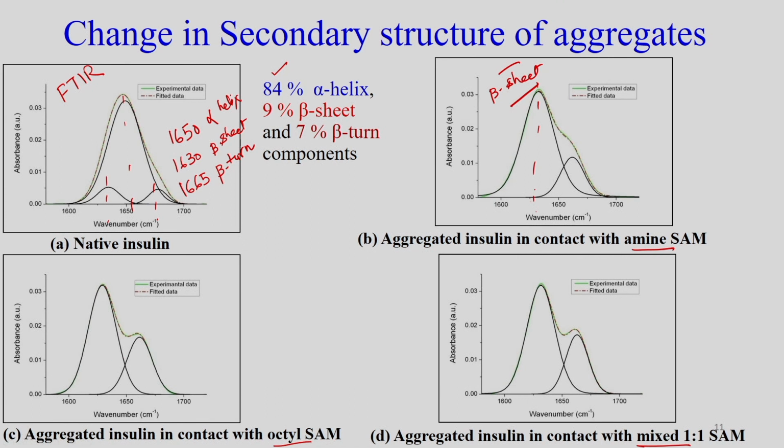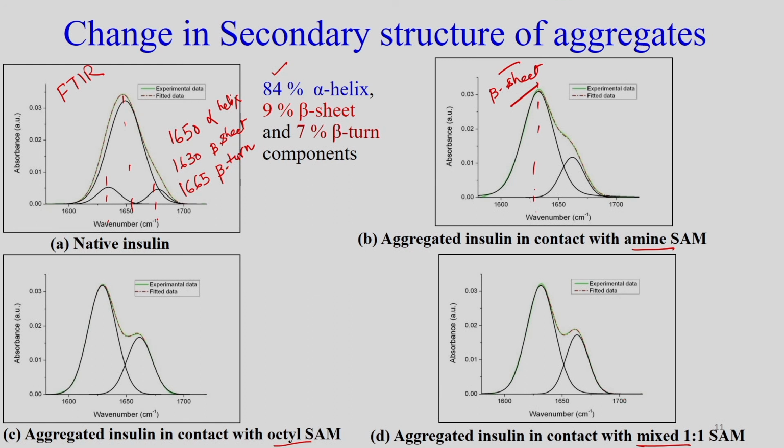So, what it says is even the secondary structure of the formed aggregate is different in the presence of different surfaces. So, it reflects that there is a role of surface chemistry which is regulating the morphology of the aggregate on different surfaces.